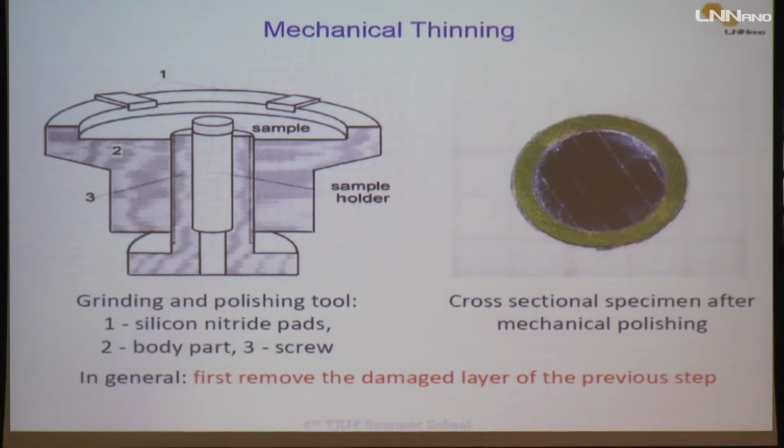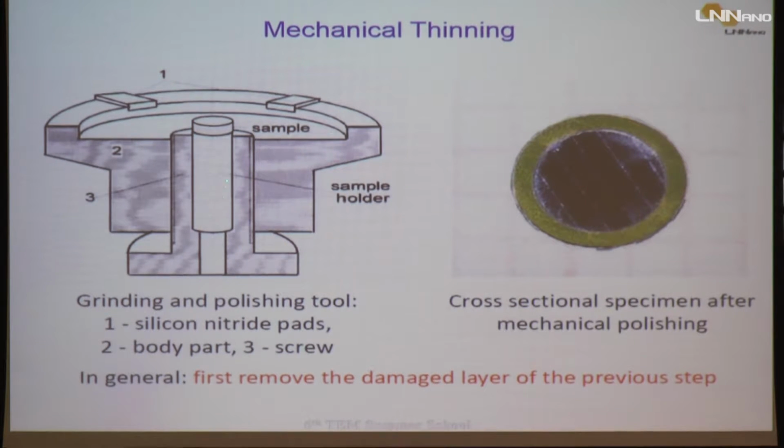Then we go to the mechanical thinning, okay? With mechanical thinning, we have a polishing tool, a very hard piece where you put your sample inside a tube.